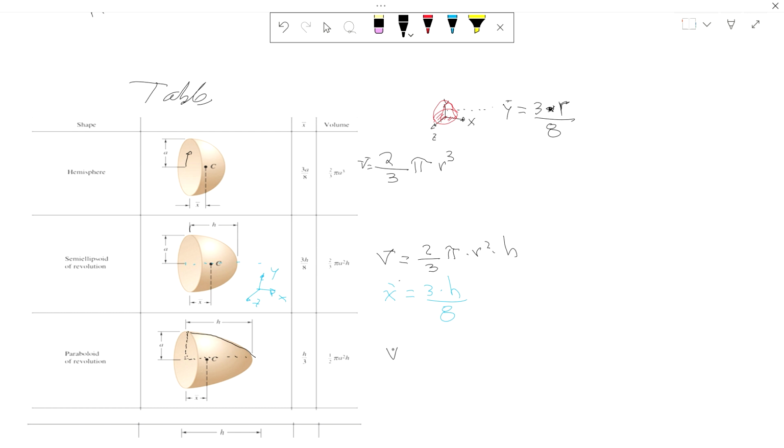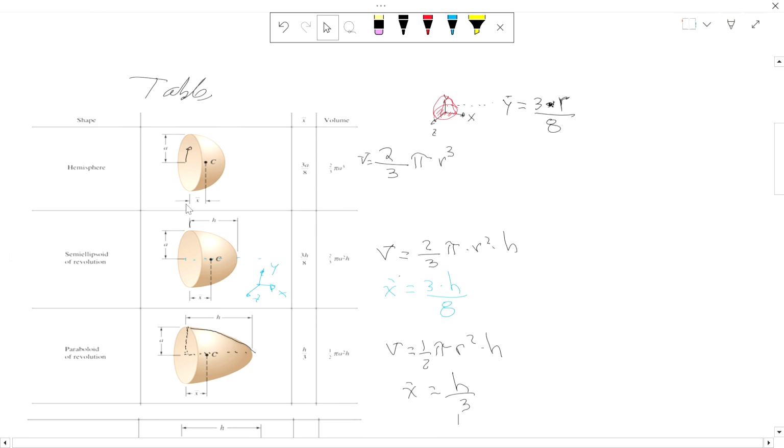In this case, the volume of a revolved parabola is 1/2 of pi radius squared times h. So it's similar to half ellipse, except for instead of 2/3 is 1/2. And the centroid along x is height over 3.